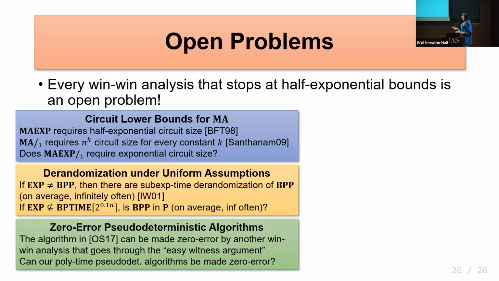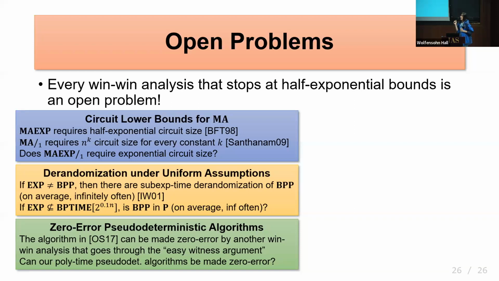And finally, our pseudo-deterministic algorithm is two-sided error. So there are some branches which will output different primes, although the fraction of these branches is exponentially small. Igor and Rahul used another win-win analysis to get rid of this two-sided error and get zero-error pseudo-deterministic constructions.